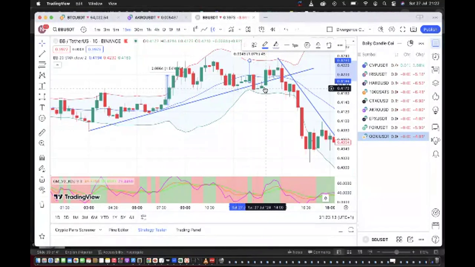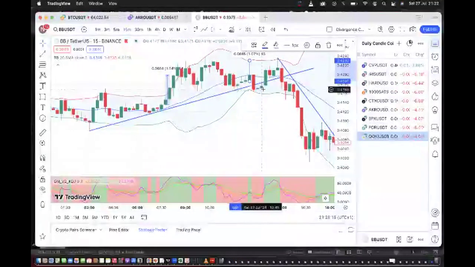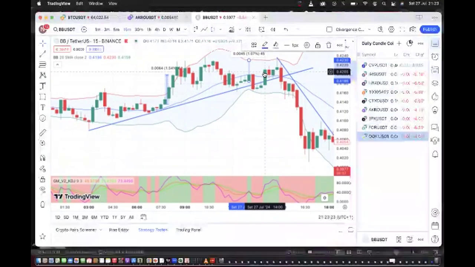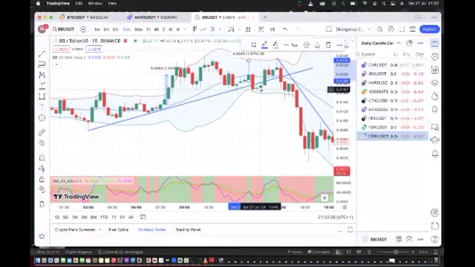But you see, KDJ turned green here, which means price has started going up. Now remember, this is a retest. Price crossed, it retested, and then broke the support line. So if it retested and went down this way, it will mean that, okay, verified, this is broken.